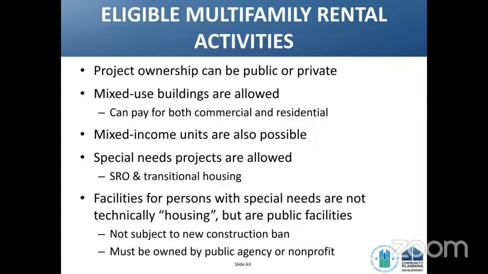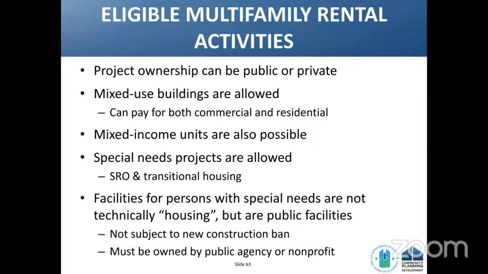You can also have a project with what they call mixed income units, where so many units are set aside for low and moderate income households.